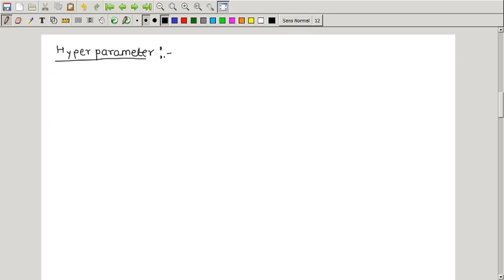This is your hyperparameter. It means the parameters of the prior distribution are called hyperparameters.